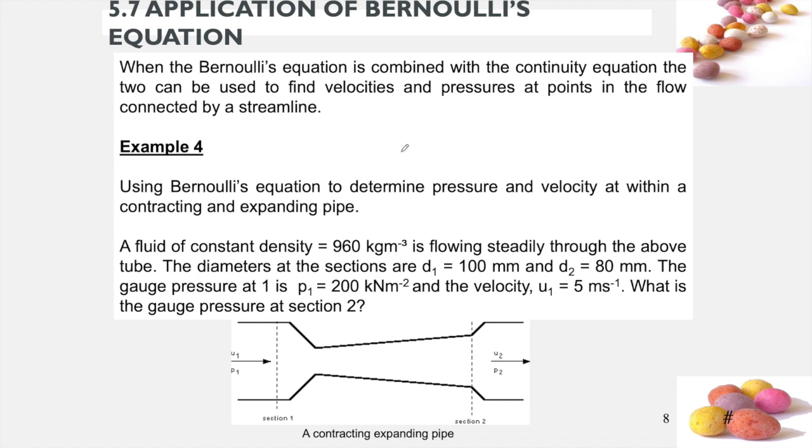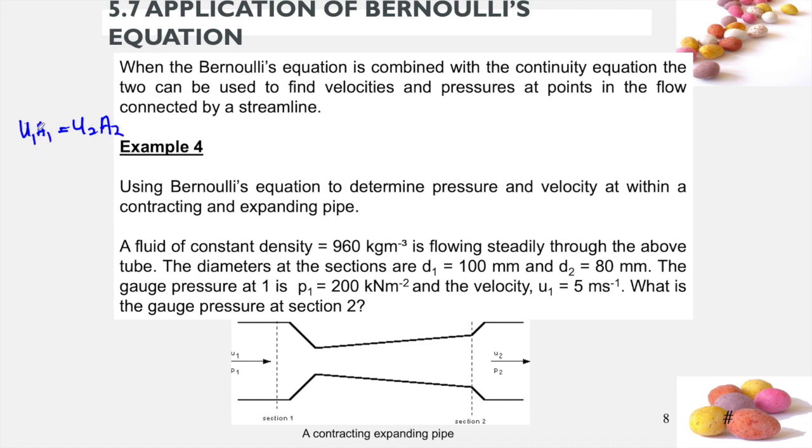In order for you to solve for the unknowns, or to reduce the unknowns, maybe the unknown comes from velocity. In order for us to reduce the unknowns, we can use the continuity equation to help Bernoulli's equation. The continuity equation will reduce the velocity terms from two unknowns into one unknown, as we know this continuity equation is u1a1 equals u2a2.